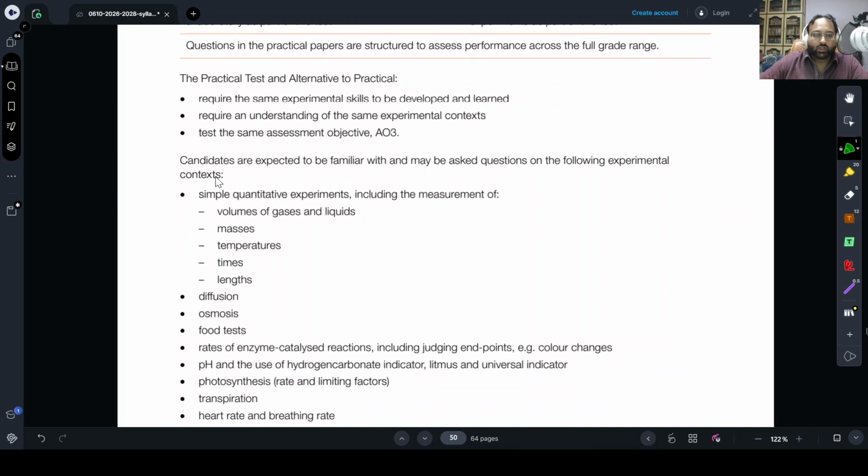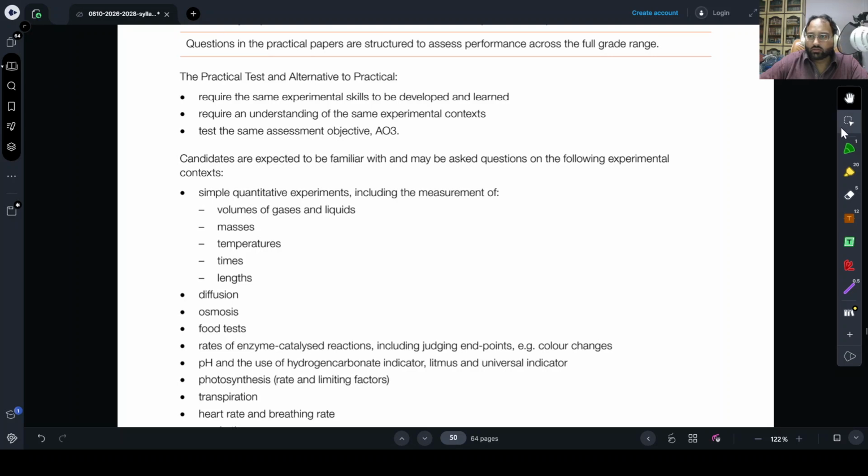Now what they're mentioning is, where's the part, okay, there it is. The practical test and alternative practical require the same experimental skills to be developed and learned.